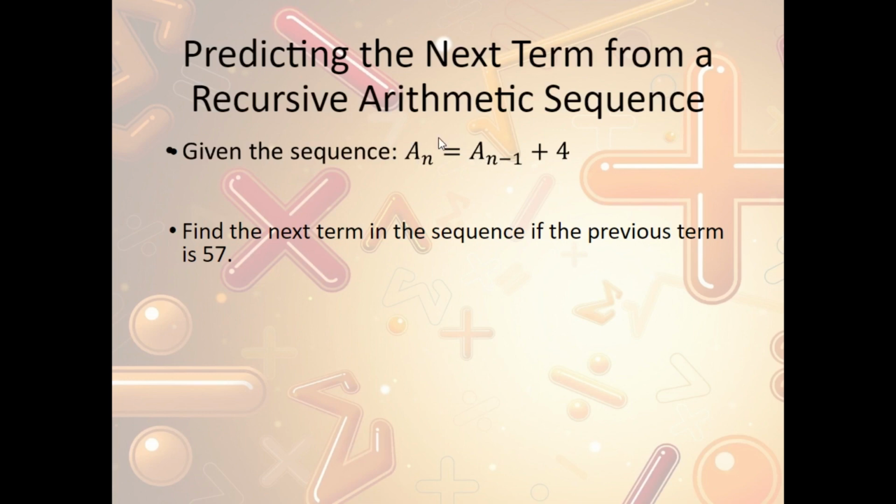So what we're saying is the term we want is equal to the previous term plus 4. So we know the previous term is 57. So we're going to plug that in for this one that represents the previous term. So we have 57 plus 4 is equal to 61. So that's how we use the recursive formula to find the next term.